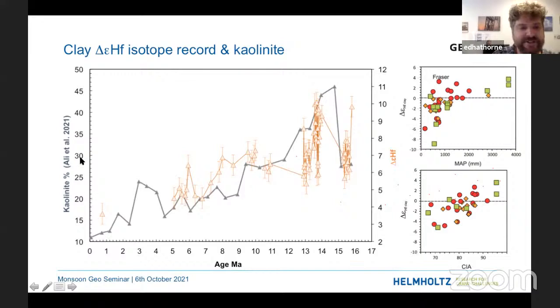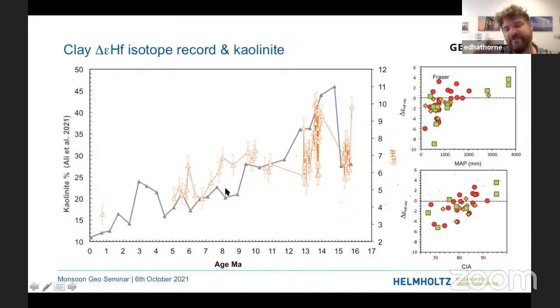And then I've plotted this against the kaolinite percentage from the Ali paper from the beginning of this year, from 758. And you see it generally does track. The kaolinite is actually the mineral that's formed during the most tropical wet weathering, and therefore this would kind of support this.